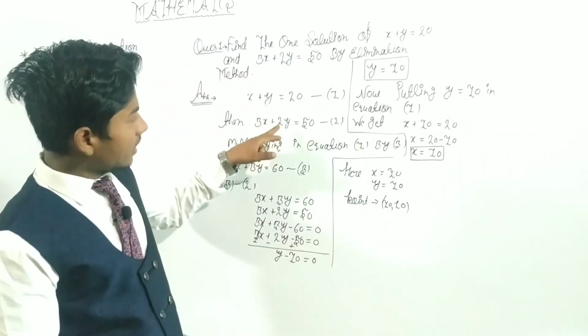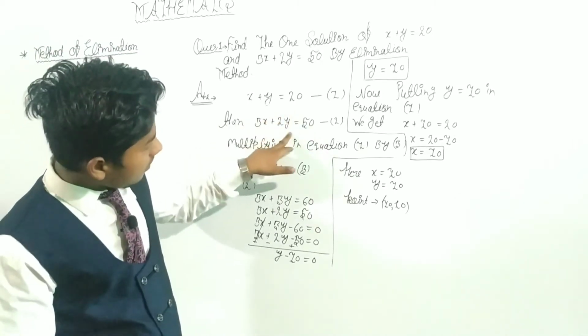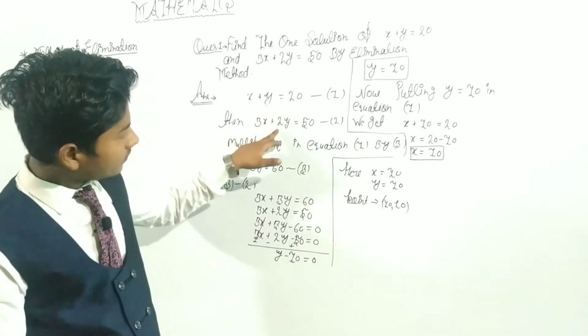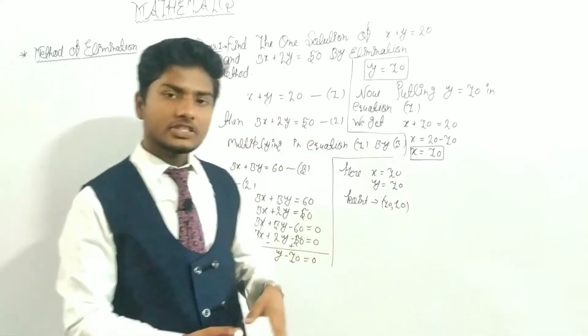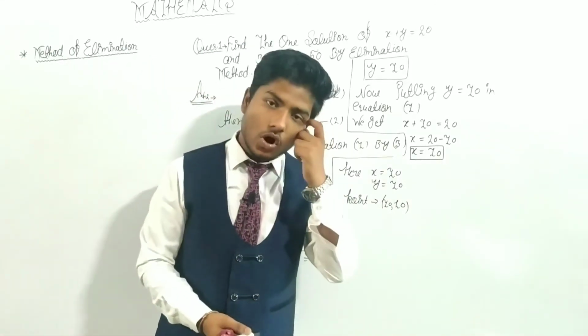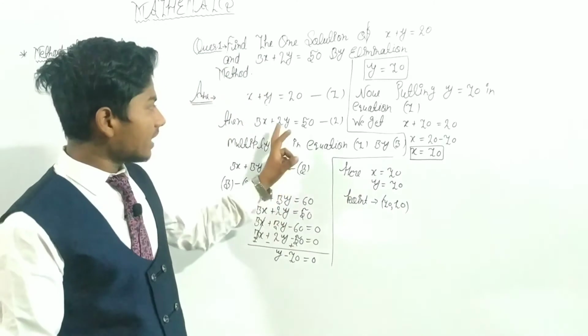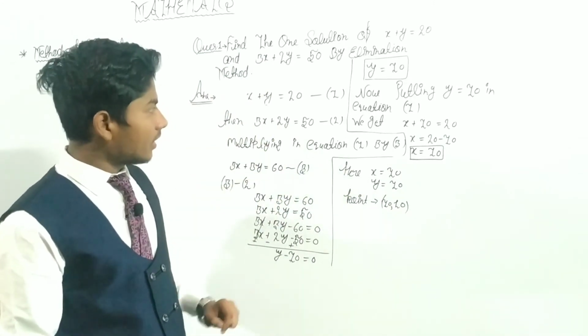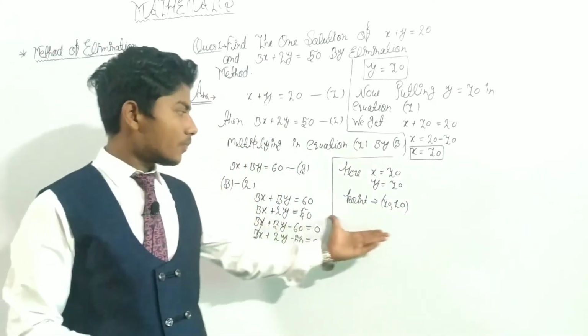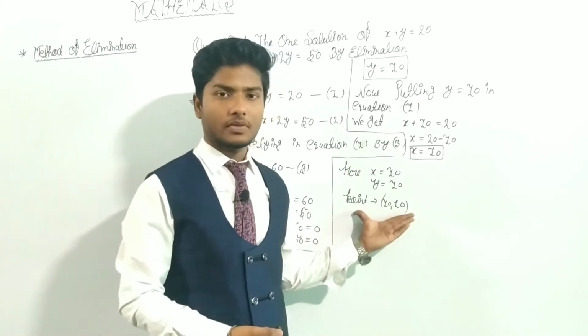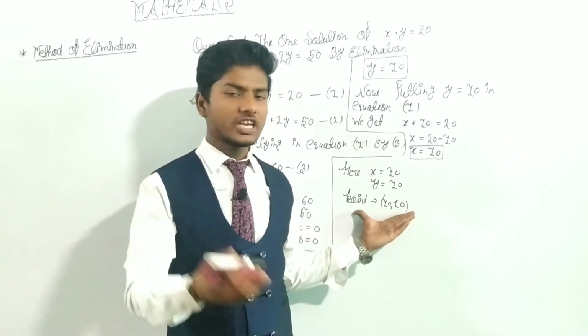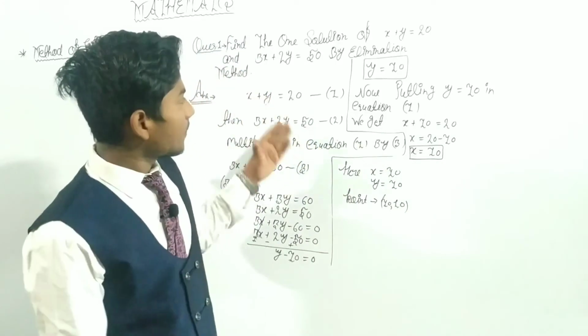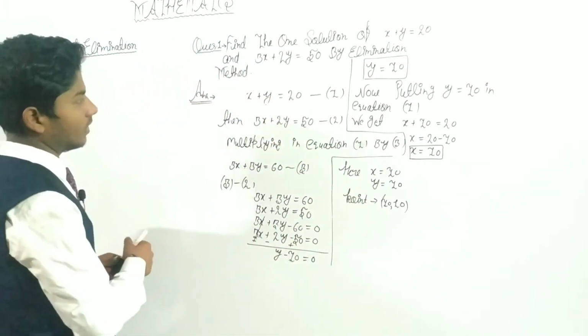You can eliminate variable y, and then you get the same point, (10, 10). You check this.